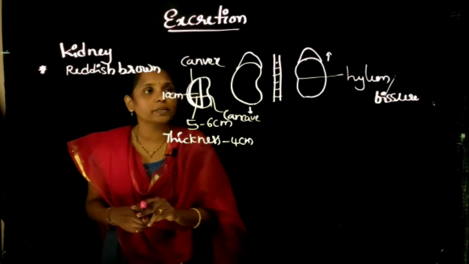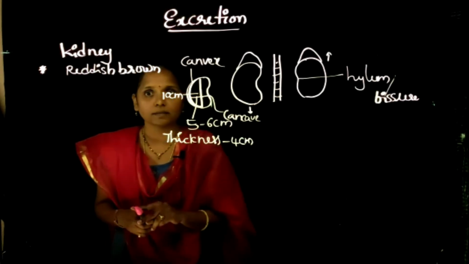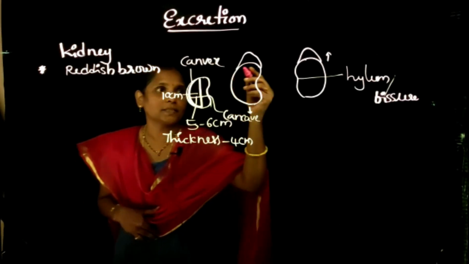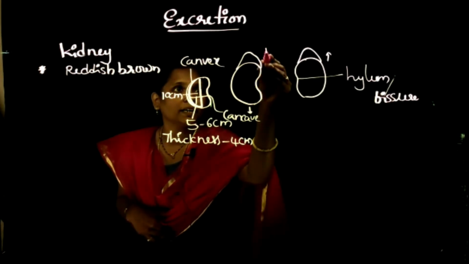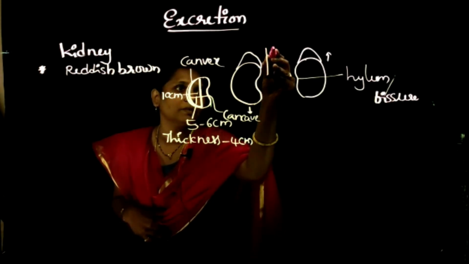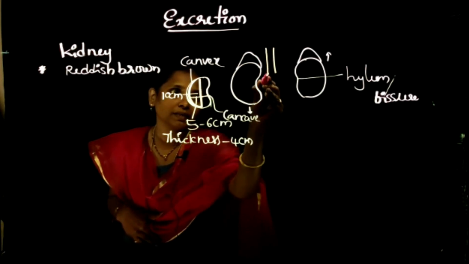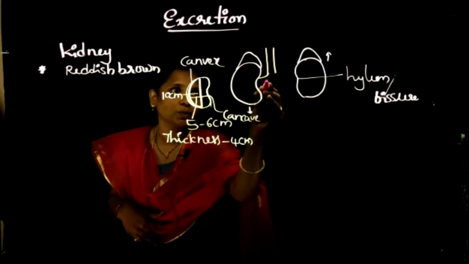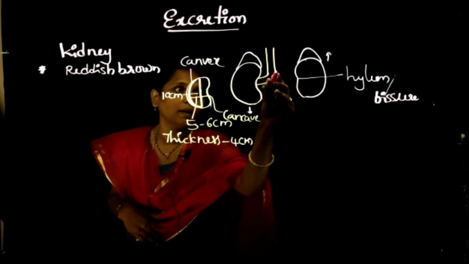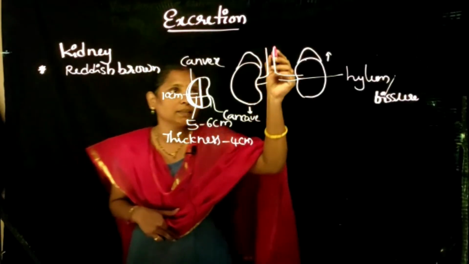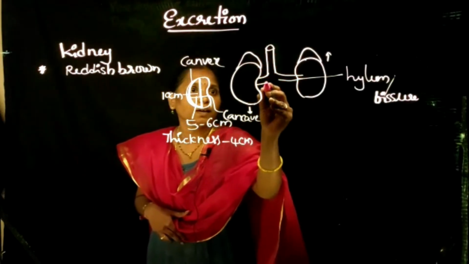What are these vessels and tubes? Let us discuss. One blood vessel enters inside, and that is called the renal artery.